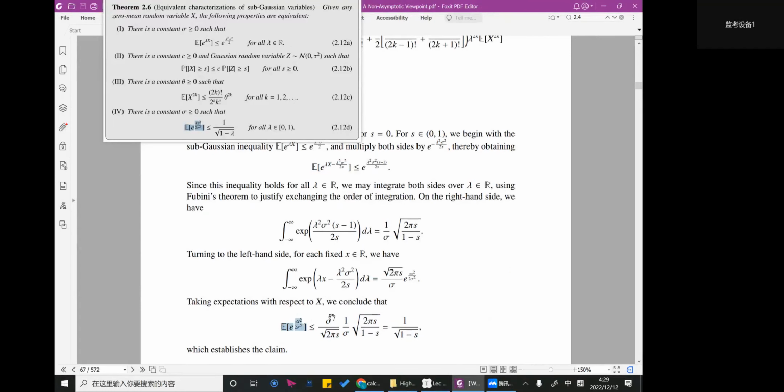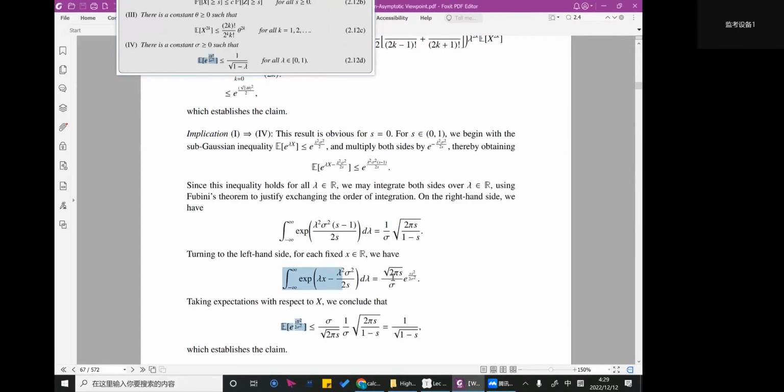So let me see, expectation of this. Here, the left hand side. So expectation of this. Where does it come from?